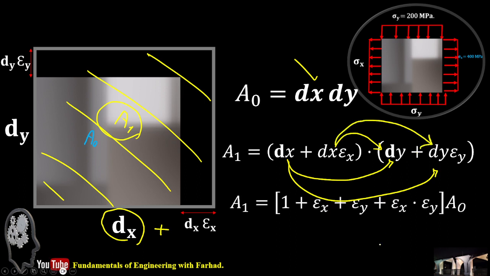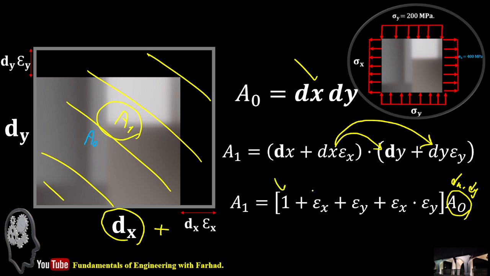If you do the math and factor out A naught, which is dx times dy, it simply gives you 1 plus epsilon x plus epsilon y plus a multiplication of epsilon x and epsilon y.